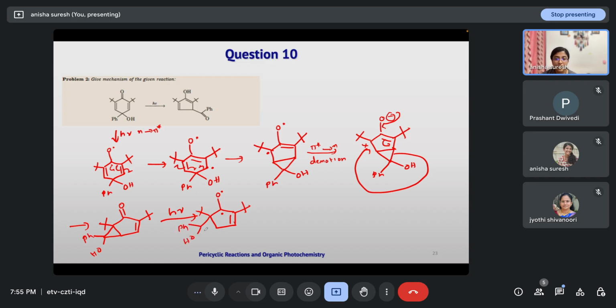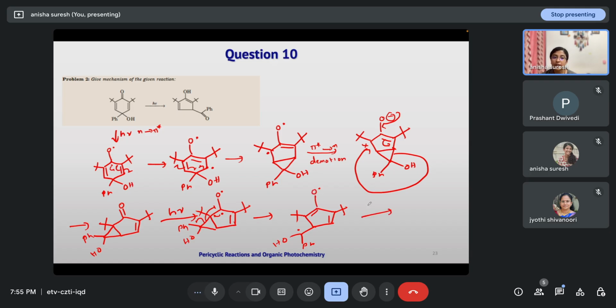Now here like this, the dienol can form, the enol radical can form, with O dot.